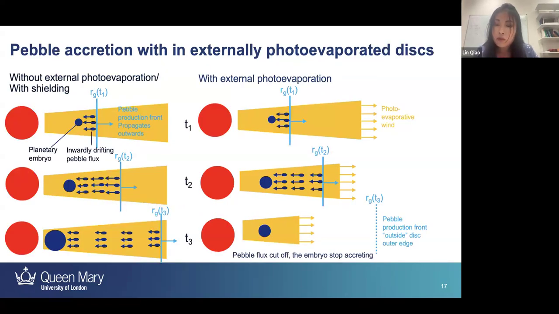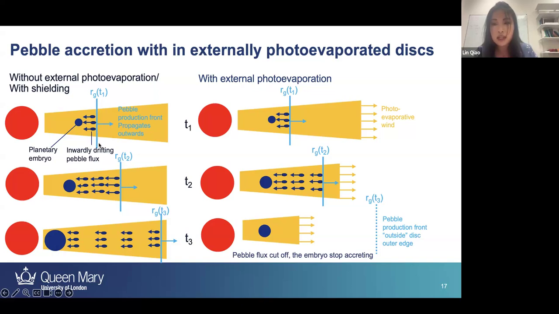So now for a brief overview of the mechanism of planet formation via pebble accretion. The figure on the left-hand side is an illustration of how planetary embryos grow via pebble accretion. In a disk, we have dust grains that grow into pebbles at the location of the pebble production front at a certain time.